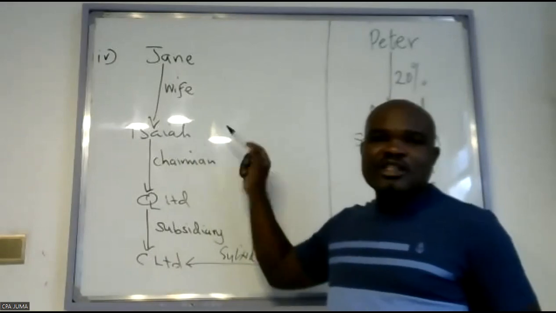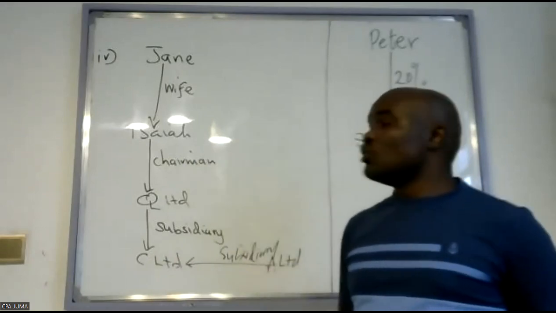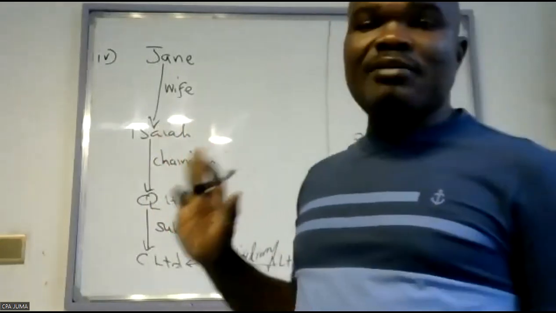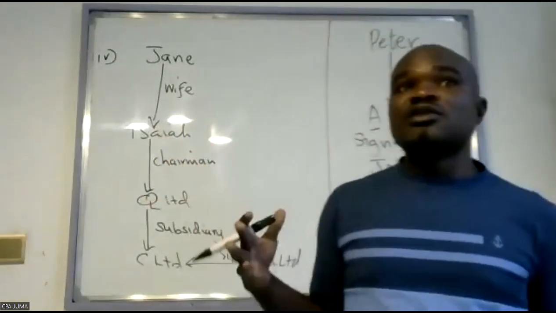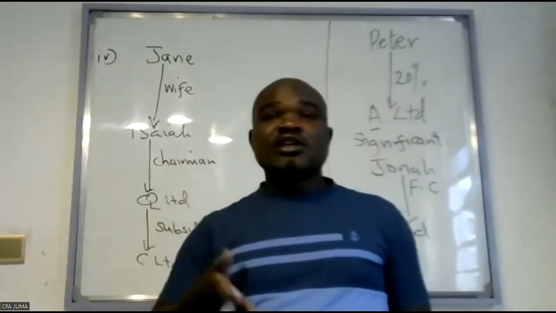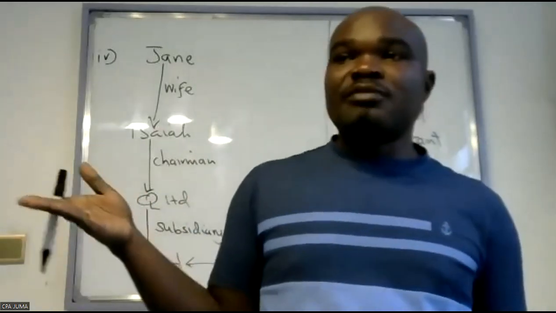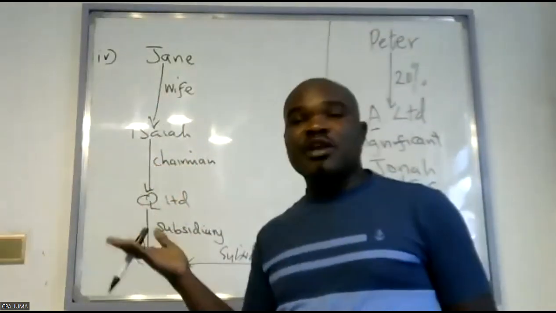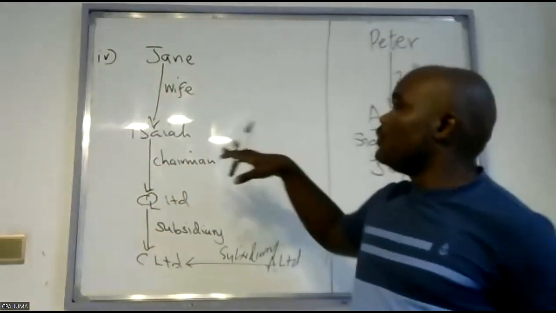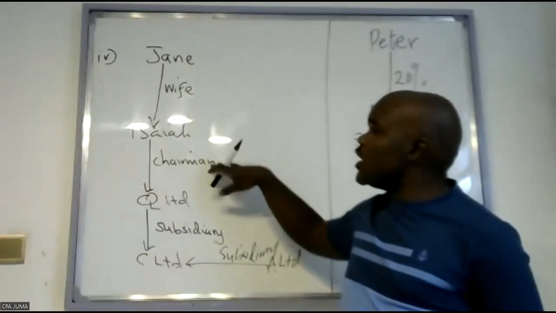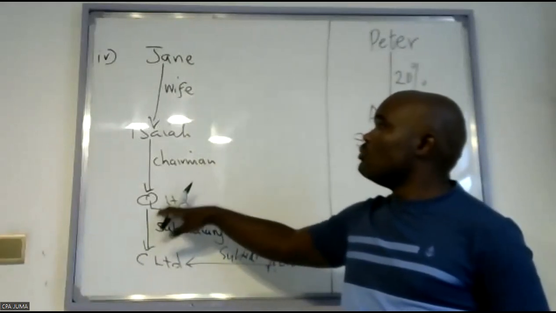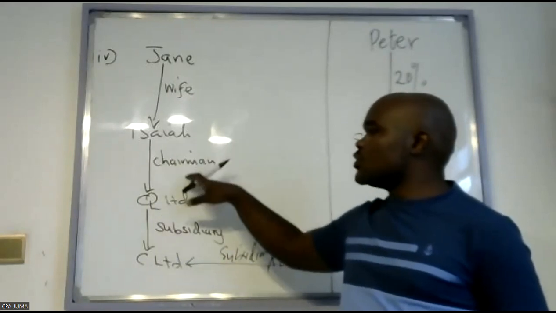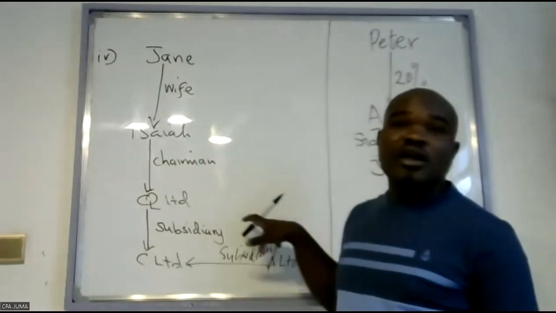So Isaiah being the chairman of Q, believe you me, Isaiah is a related party to Q. Chairman is not a regular employee, but chairman is considered to be key management personnel. Most decisions are made in the presence of the chairman. So Isaiah being the chairman of Q means he's related to Q. And therefore, Isaiah is also a related party to these other entities.